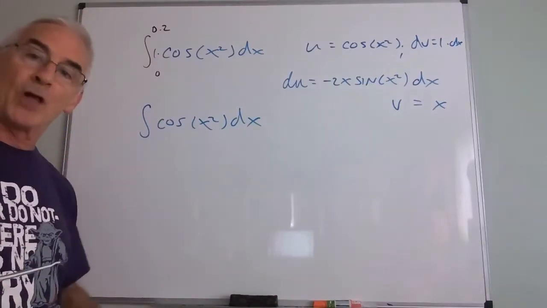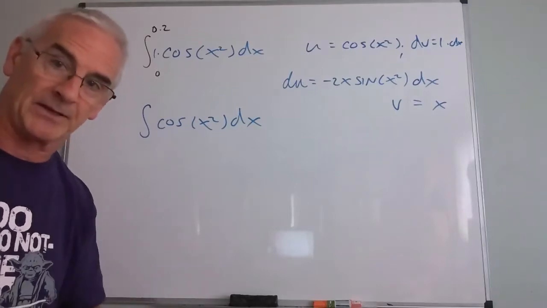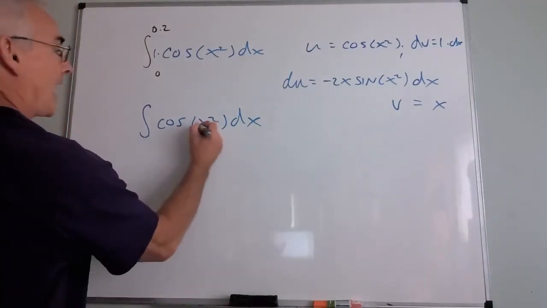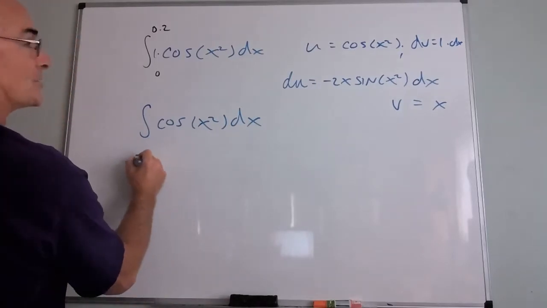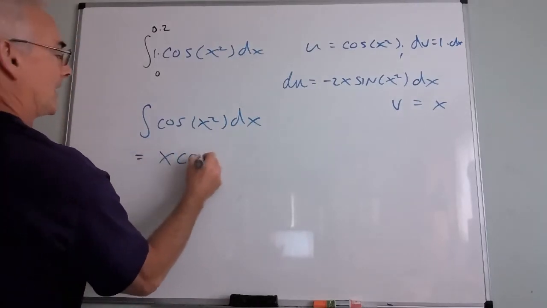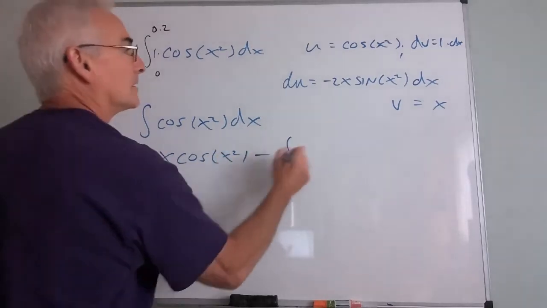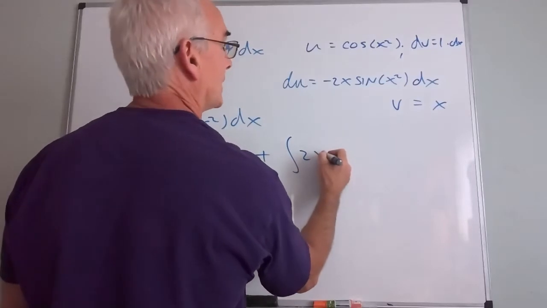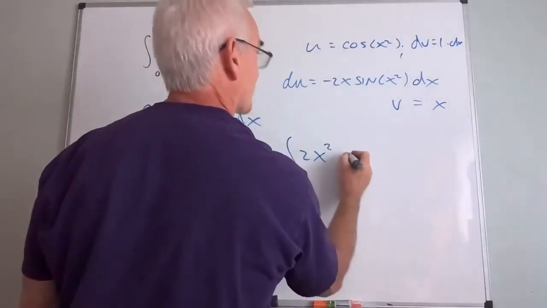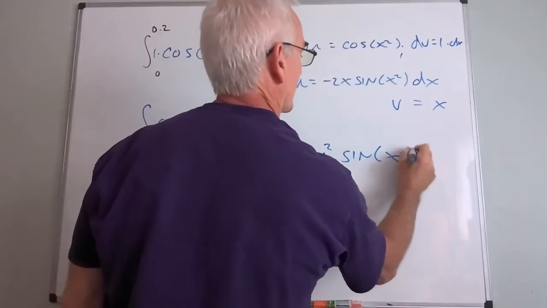Remember, there's a lot more integrals that cannot be integrated than there are that can. I know how to do cosine x, but cosine of thing, maybe not. So the general antiderivative would look something like this. Okay, so that'd be plus, and then I'd have the product, that'd be 2x squared sine of x squared dx.